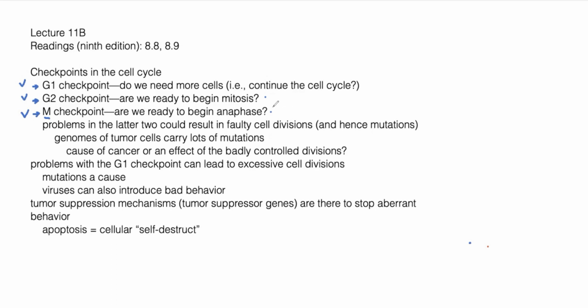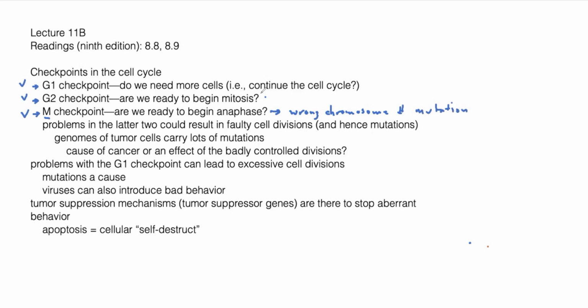I mean, if both chromatids go in the same direction, then we're going to end up with both chromatids in one daughter cell and no chromatids in the other daughter cell, which is going to be a huge problem, right? And so, you could say, well, if there's a problem here, that would lead to definitely the wrong chromosome number. Right? That would be one outcome. In other words, a form of mutation.